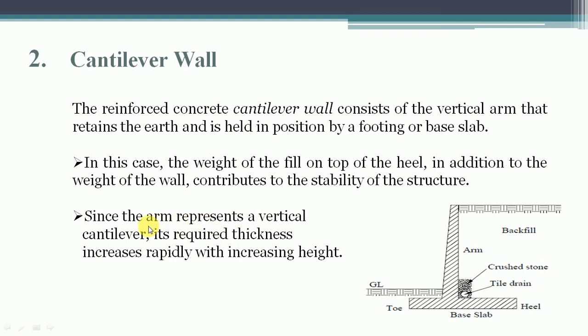Since the arm represents a vertical cantilever, its required thickness increases rapidly with increasing height. Here we have the ground level, toe, base slab, heel, tile drain, crushed stone, and arm. Here the backfill, where the soil pressure is acting on the retaining wall in a horizontal direction.